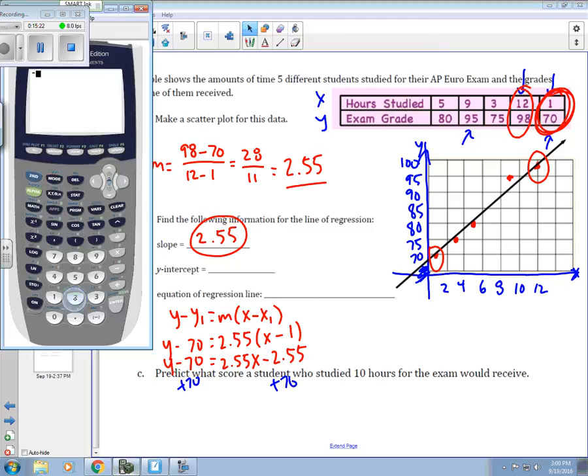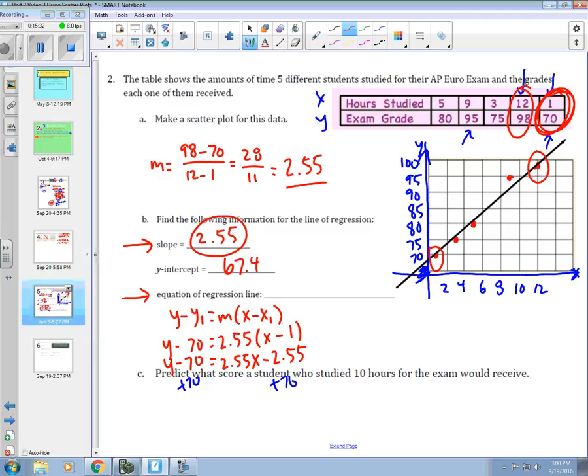It's negative 2.55 plus 70. And that should tell us what our y-intercept is. Looks like our y-intercept is about 67.45. And so our equation would be y equals 2.55x plus 67.45. That would be then our prediction equation.